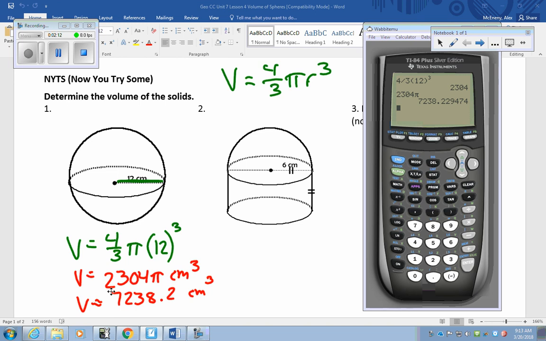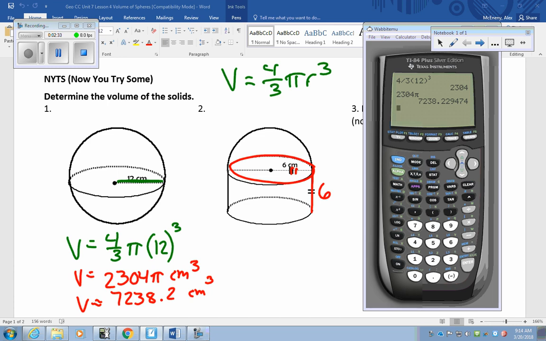Now the next part we're going to do, number 2, you're going to see that we have half of a sphere. So we got half of a sphere, it's cut in half, and then there's a cylinder also to go with that. And there's a double marking at the 6 over here, which means that that's going to be 6 also.